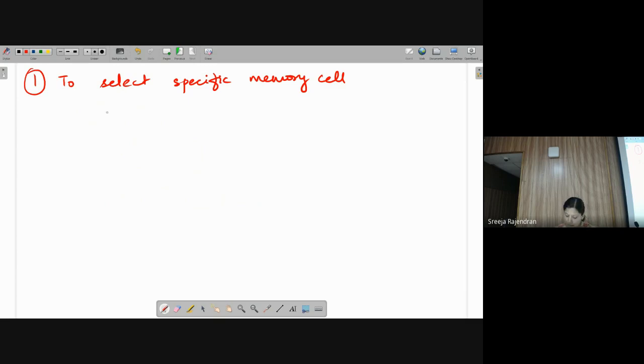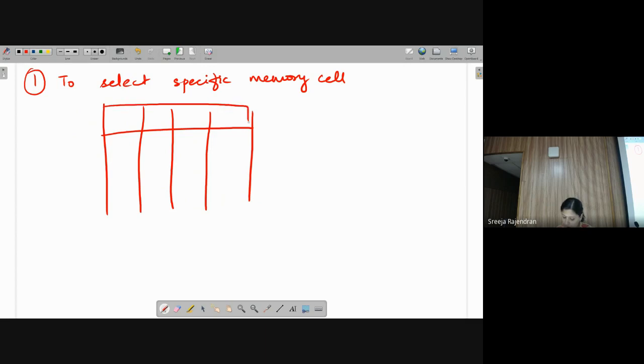So how memory is like this actually. If I say in binary format, memory is an array. Okay. So I have different rows and different columns. Okay, so I call this row 0, row 1, row 2, row 3. Similarly, this is column 0, column 1, column 2, and column 3.